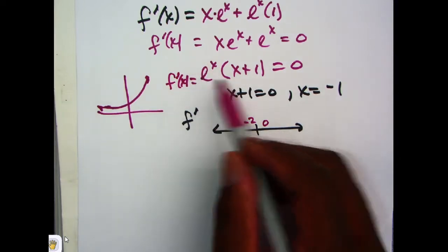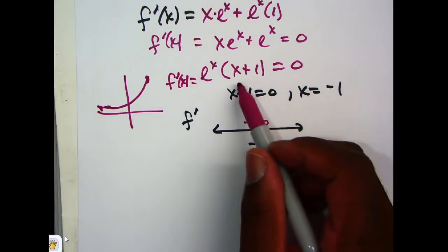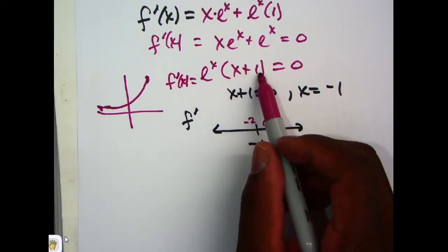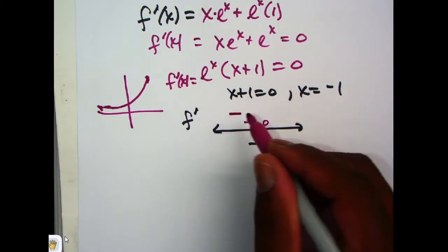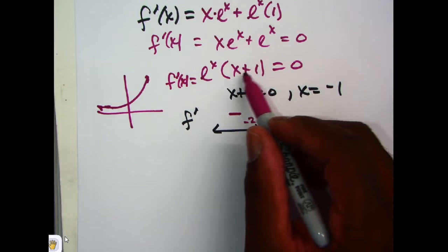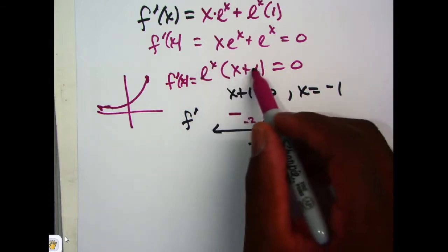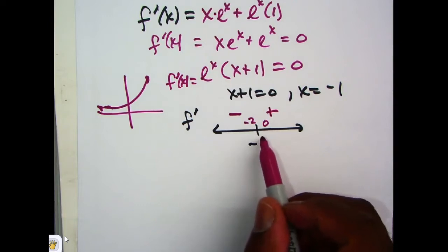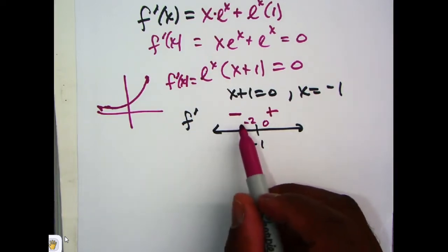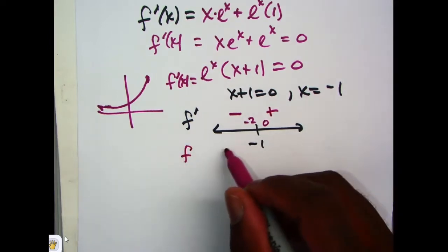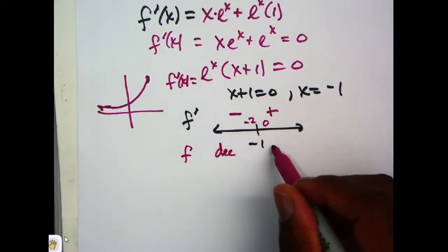It's always positive. So I'm just substituting my value of negative 2 in here. Negative 2 plus 1 is negative. When we evaluate at 0, e to the 0 is 1. 0 plus 1 is 1, so we're positive here. So at negative 1, f prime goes from negative to positive. So that means that f goes from decreasing to increasing.